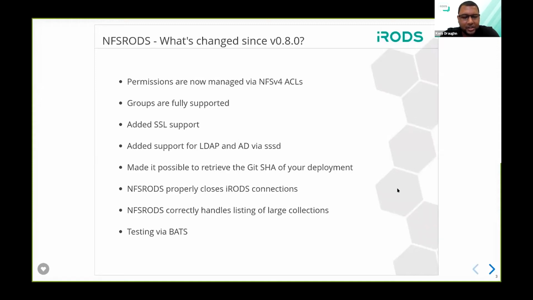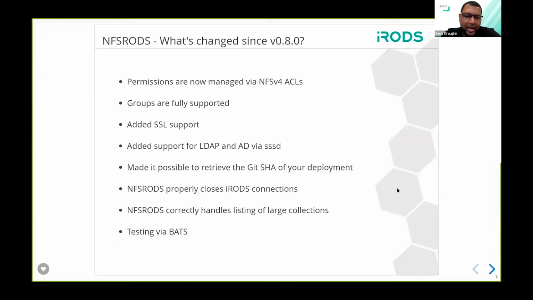These are vastly superior to the basic permission support provided through chmod and other command line tools, and I'll talk about that on the next slide. We were also able to add support for groups in iRODS. All of the groups you define within iRODS will work as long as they can be resolved from the Linux side.